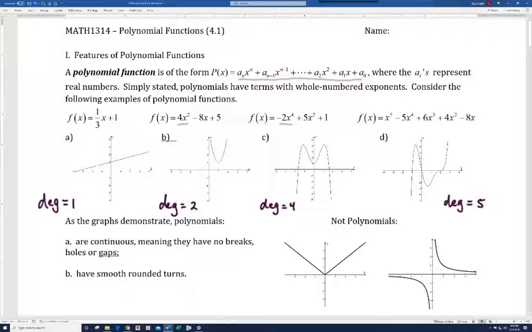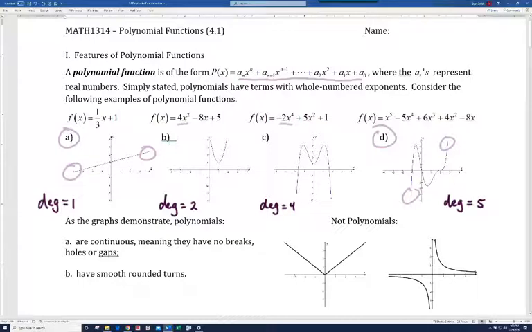Now I just want to point something out, because this is something I'll refer to on the next slide. If you look at A and D, these both have odd degree. And I want to have you look at what we refer to as the end behavior. Look on the left and the right on the ends of these two functions. And you can see that on one side the graph is falling, and on the other side the graph is rising.